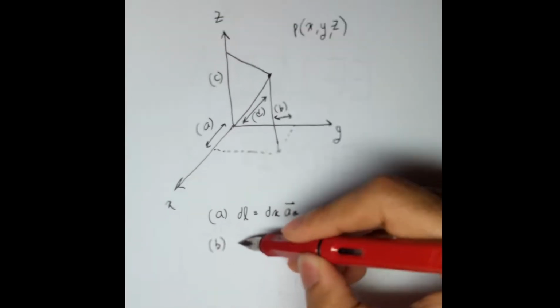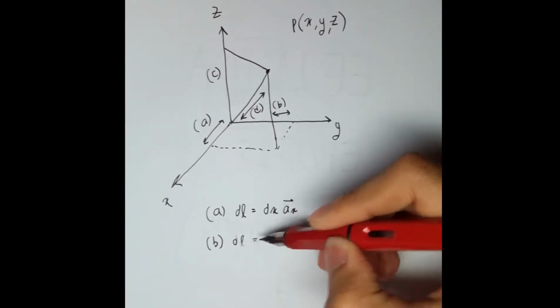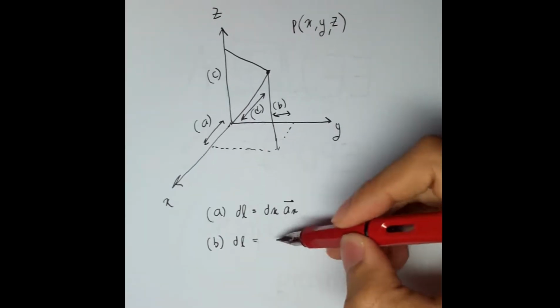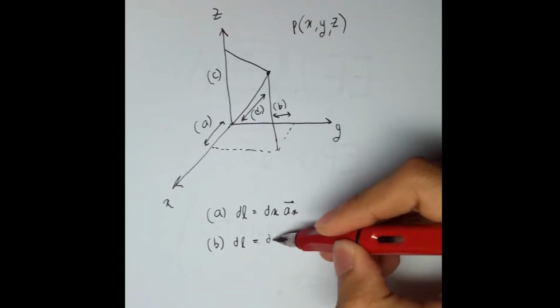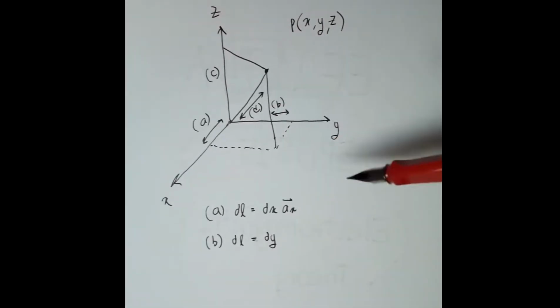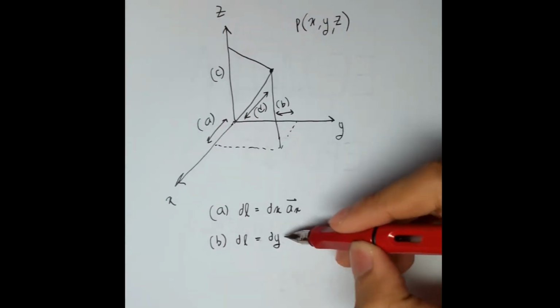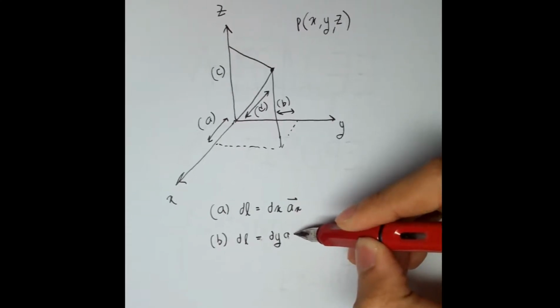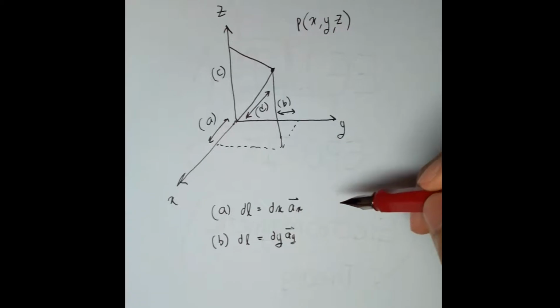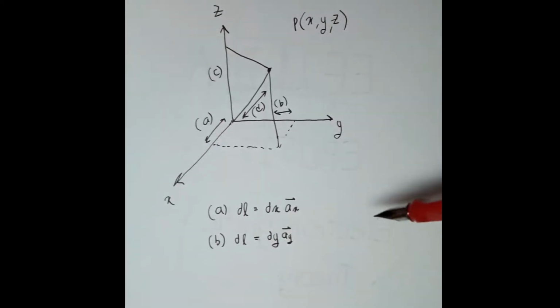For B, the differential length, the magnitude will be dy because it is on the y-axis. The unit vector will be ay because it is pointing towards the y-axis.